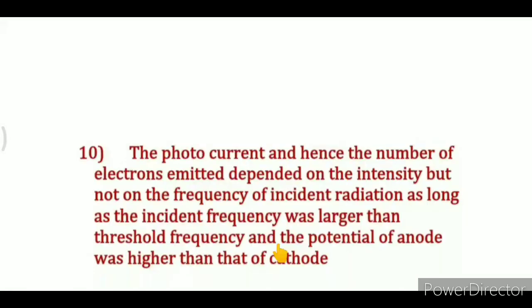We can conclude that the photocurrent, and hence the number of electrons emitted, depends on the intensity but not on the frequency of the incident radiation, as long as the incident frequency is greater than the threshold frequency and the potential of the anode is higher than that of the cathode.